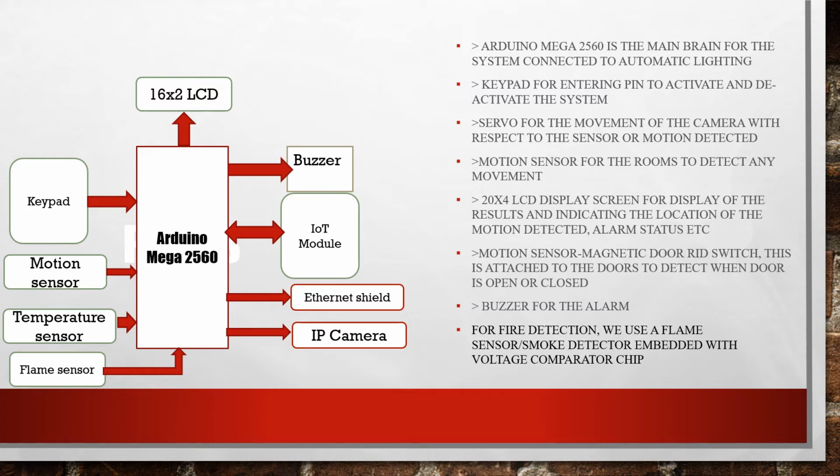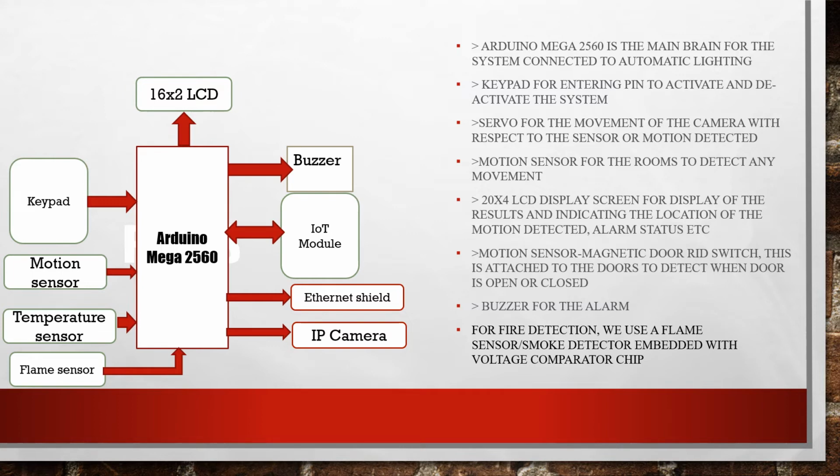About the IP camera: the camera can be connected by using a servo motor that moves with respect to the motion detected. Depending on the motion detected, the camera focuses on that particular area.